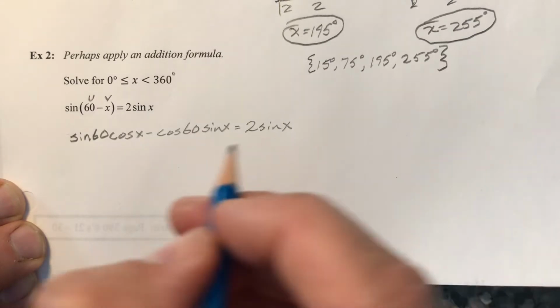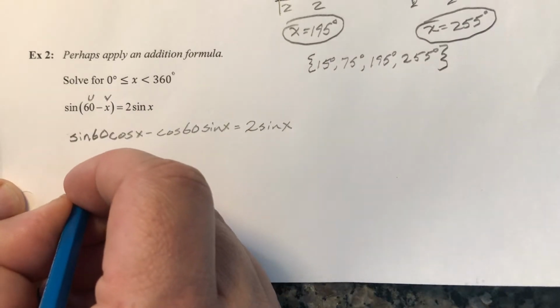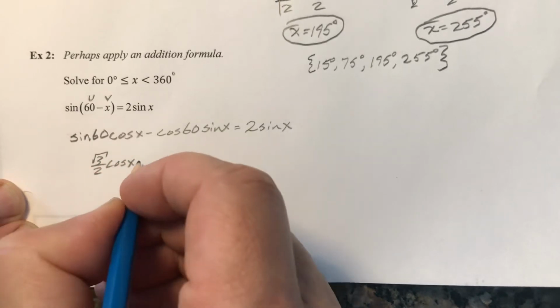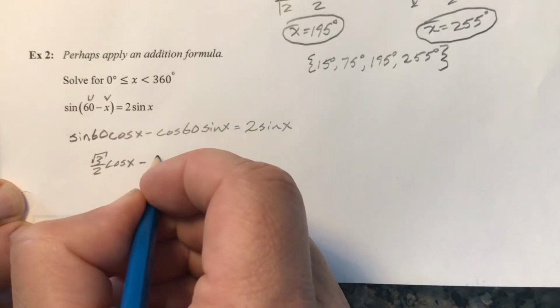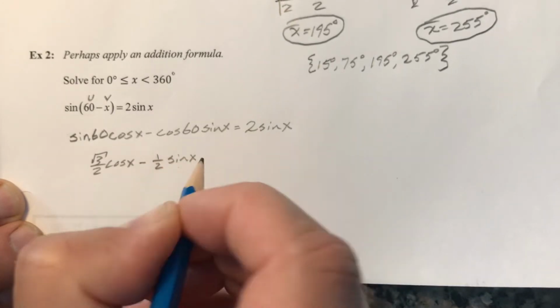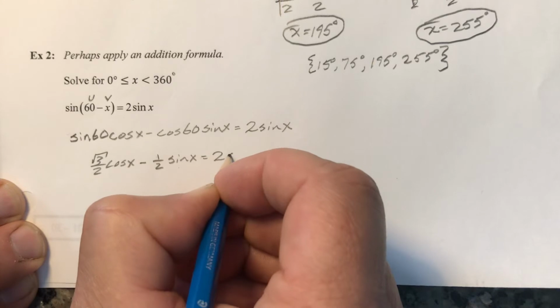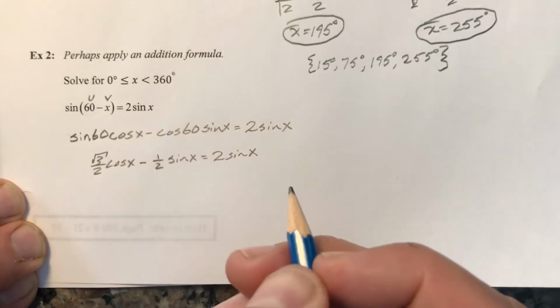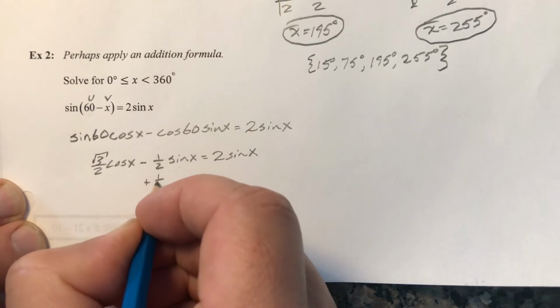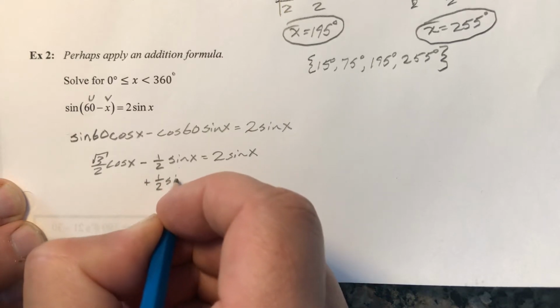All right. So actually, no, the sine of 60 is radical 3 over 2. Cosine x minus, and the cosine of 60 is a half sine x equals 2 sine x. All right, I'm going to start bringing this to the other side.